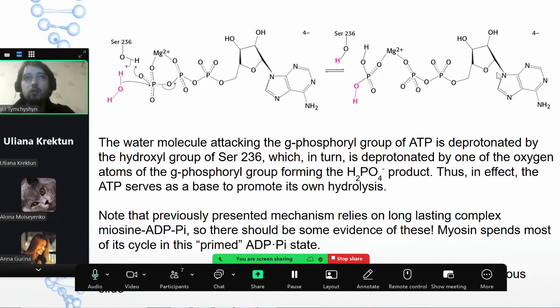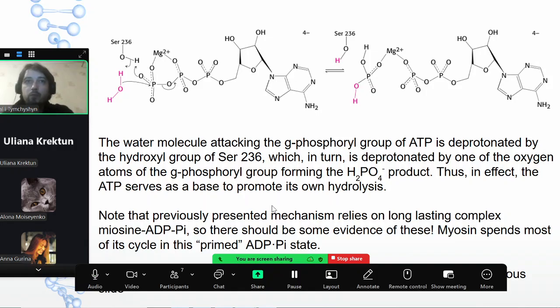Here are a little bit more details. So that's a water molecule that's attacking a gamma-phosphoryl group of ATP, and you see it deprotonated with serine 236. So here you see how electrons are moving. So this oxygen is getting this hydrogen while this oxygen is trying to get this one, and here you see what you get at the end.